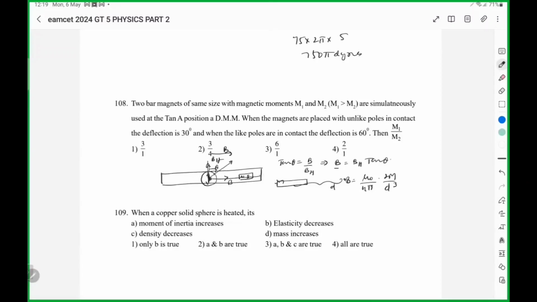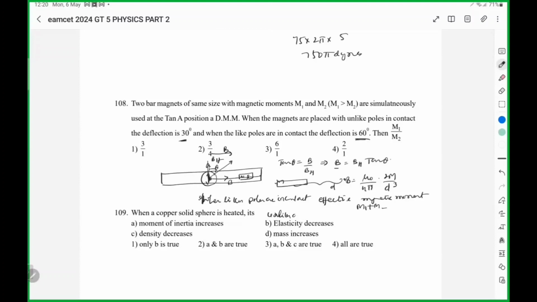If two magnets are placed with unlike poles in contact, 30, like poles, 60. When like poles are in contact, the effective magnetic moment is M1 plus M2.